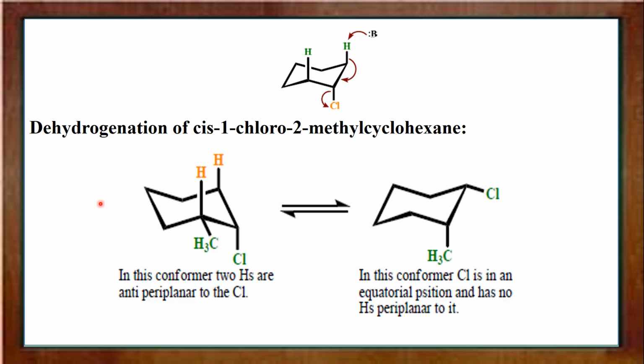So it is possible only from this conformer where there are two beta hydrogens available anti-periplanar with respect to this chlorine. Antiperiplanar means the leaving group and the beta hydrogen are at 180-degree dihedral angle.